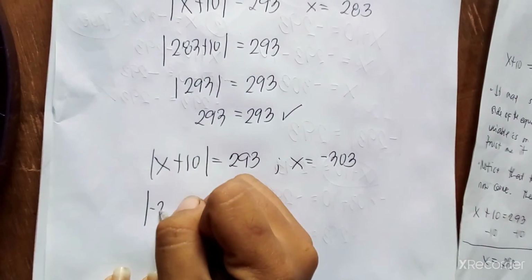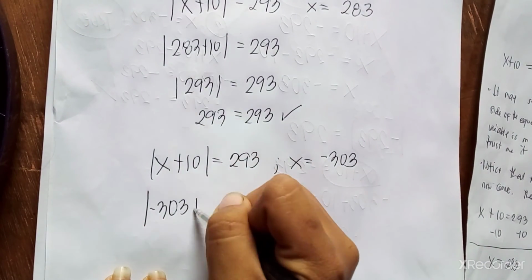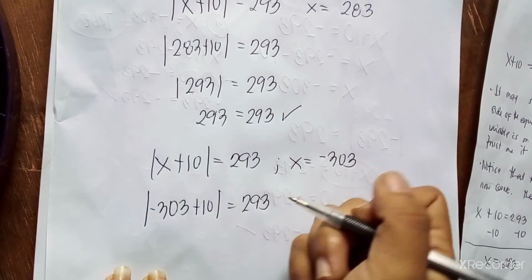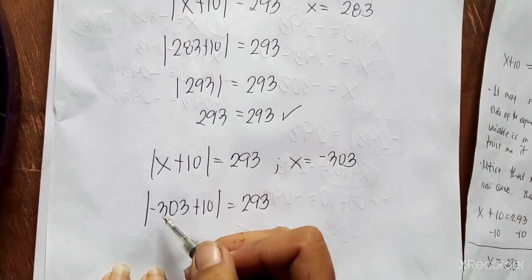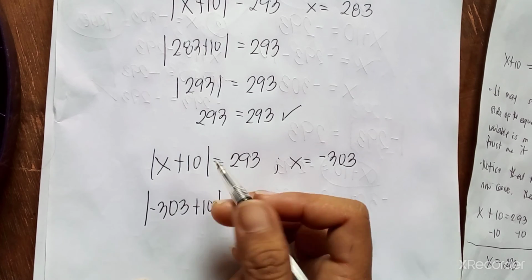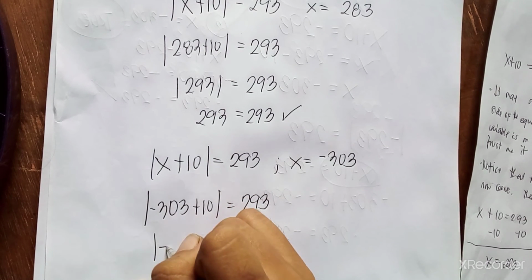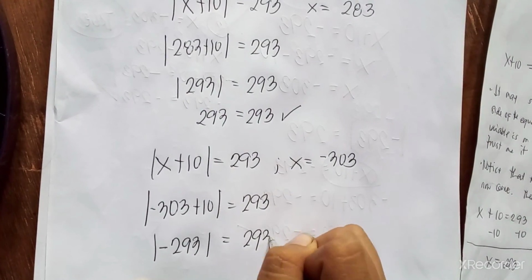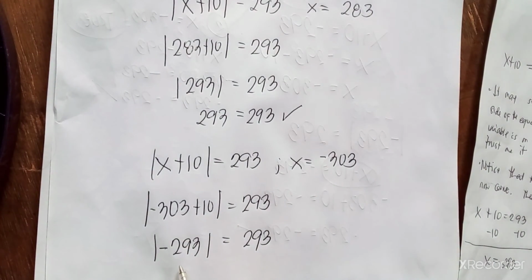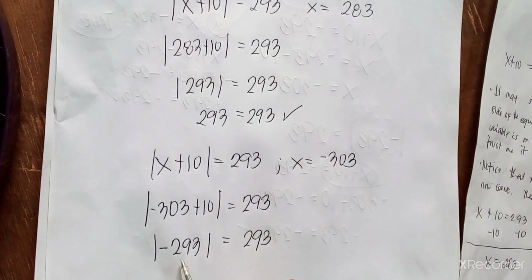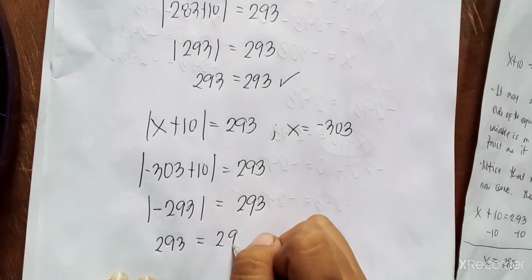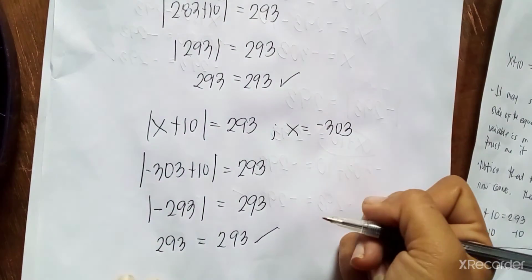We have negative 303 plus 10 equals negative 293, and the absolute value of negative 293 equals 293. So, the absolute value of negative 293 is positive 293. So, these are correct.